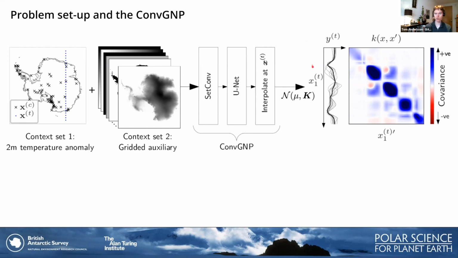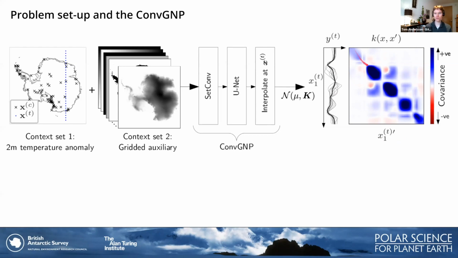So you can see that represented here with this normal distribution with a mean mu and a covariance matrix k. And you can see this bold black line is the mean prediction, and then we also have joint correlated samples from this Gaussian distribution shown by the gray lines, as well as a full covariance matrix, which is shown with this heat map here.